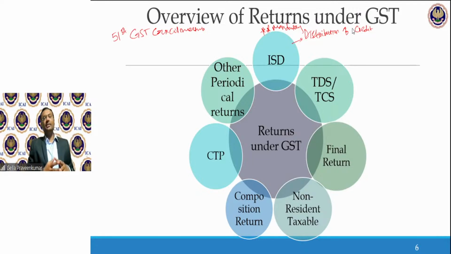Sir, if wrong availment is equal to the closing balance? Namrata, if it is equal to the closing balance, I have not utilized. I have availed but not utilized. Section 50, subsection 3 or rule 88B very clearly says that only if your closing balance is less than the wrong availment, it is assumed that I have used.